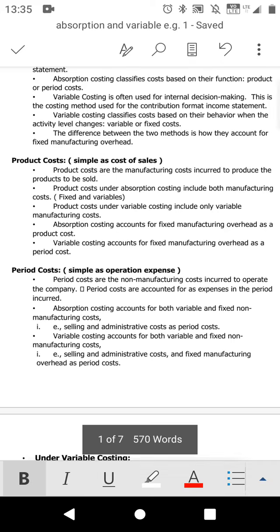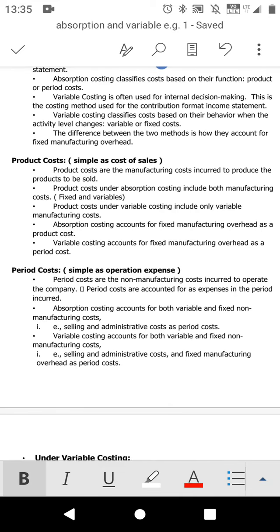Then the product cost under variable costing includes only variable manufacturing cost. So when we prepare the variable method, it simply means that we are only going to include the variable cost to calculate our cost of sales or the product cost, which means that the fixed cost is going to be excluded when we calculate the cost of sales under variable costing.